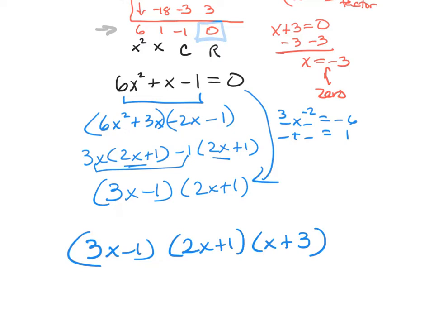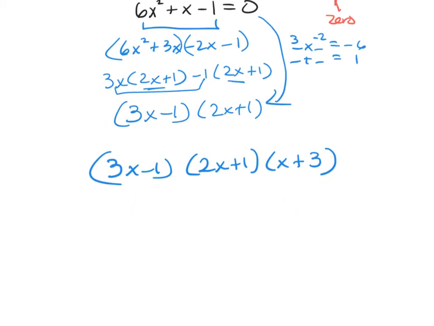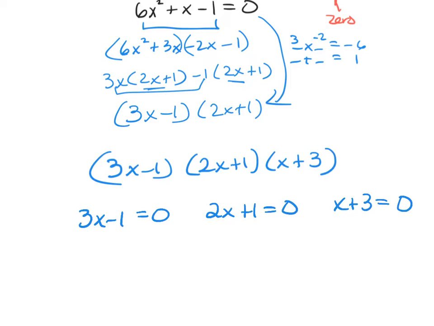So if it says to factor, this is all we're doing. Now, if you were to multiply these three binomials, it would go back to your original function. You would FOIL two of them and then distribute it with the next one. Now, if it said to find the zeros, then I'm going to take each one of these factors and set them equal to 0 and solve for x. This will give me the zeros, which is where my graph is touching the x-axis.